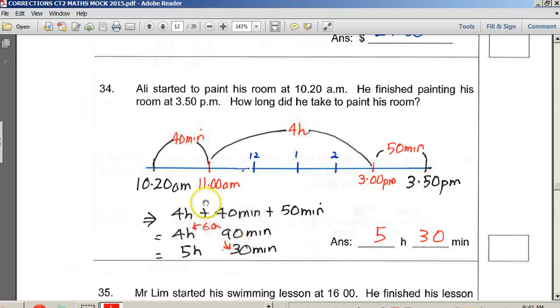The calculation is 4 hours plus 40 plus 50, which ends up to 90 minutes. Take out 60, which is 1 hour, add to 4 hours, it gives you 5 hours. From 90, 60 is taken away, remaining minutes will be 30 minutes. So answer: 5 hours 30 minutes he took to paint his room.